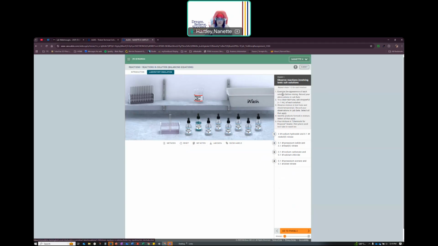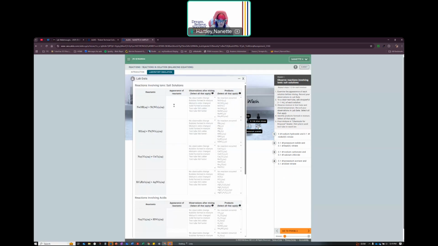So examine the appearance of each of the solutions before mixing. Record the observations in the lab data. Okay. So we're going to be talking about mixing sodium hydroxide and the nickel(II) nitrate. Since I need to show my labels, this is my sodium hydroxide, and this is a nickel(II) nitrate. The sodium hydroxide is a clear solution.